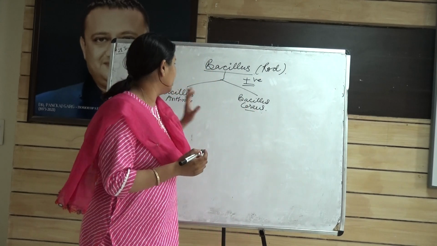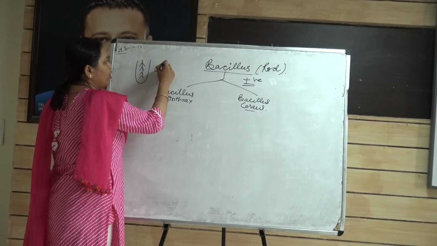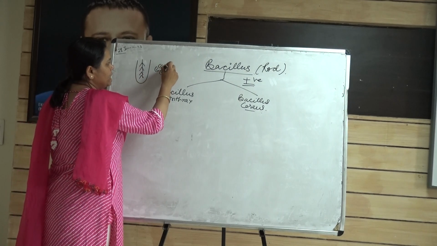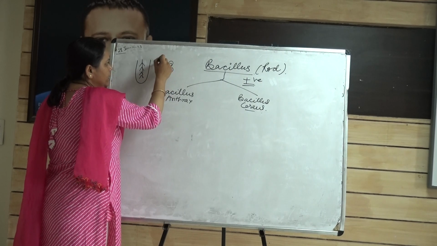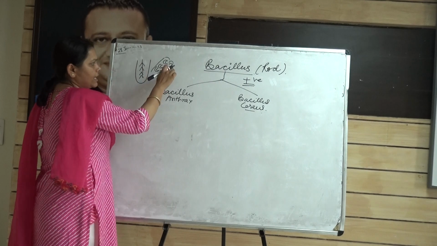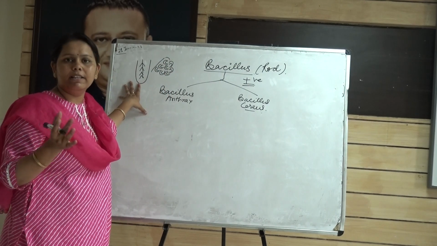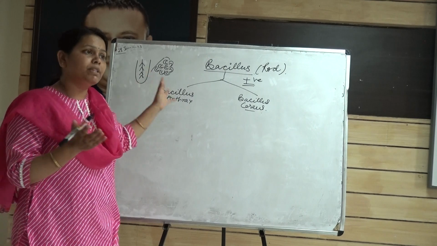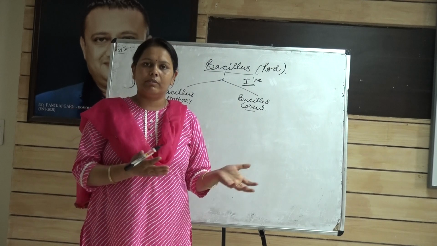That's why I'm talking about the culture characteristics here. On culture, there is a Medusa head appearance. Medusa was a princess, and she had hair with this texture. So it is Medusa head appearance, inverted tree appearance, and many names come with the Bacillus, like wool sorters disease and others.